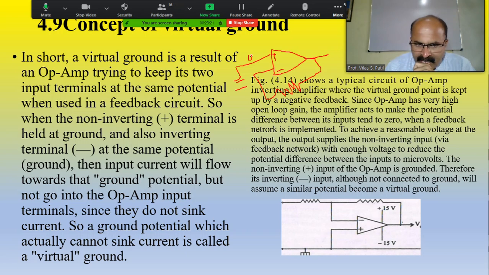Here is the zero potential, but this is negative feedback, also giving zero potential.